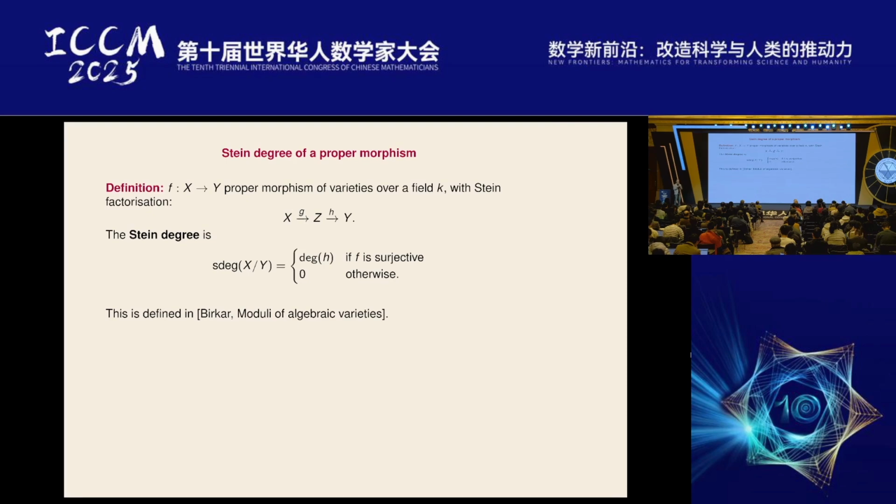I was trying to construct compact moduli of algebraic varieties, and then at some point I realized that I need this kind of degrees in order to understand how different components of a scheme glue together. And this is controlled by this Stein degree.